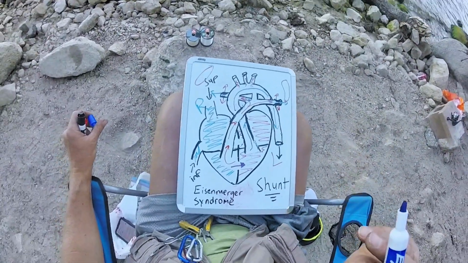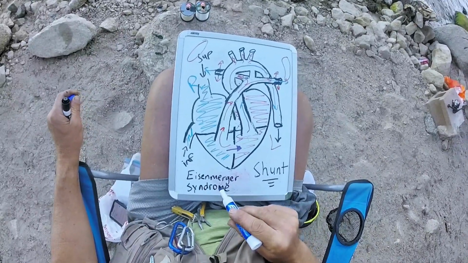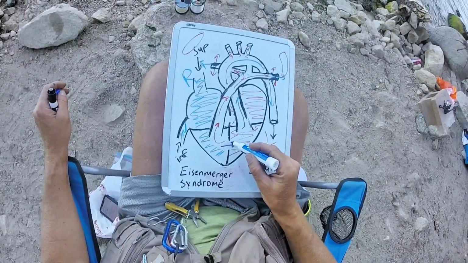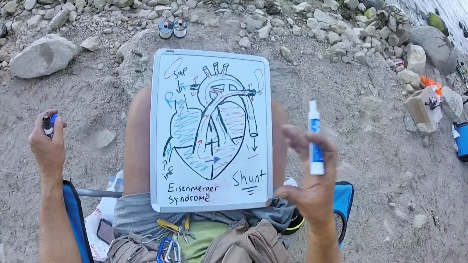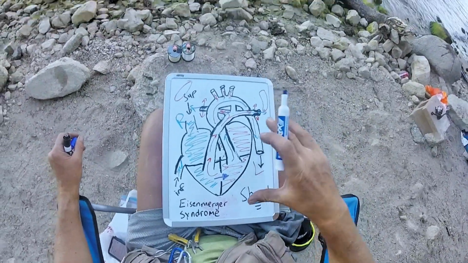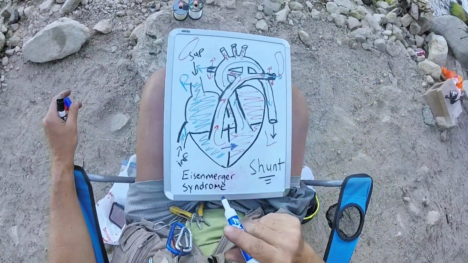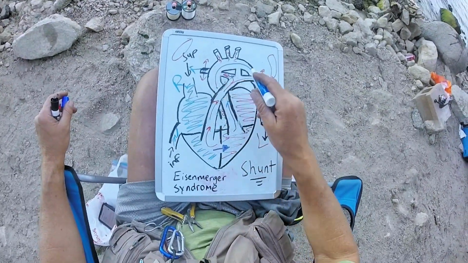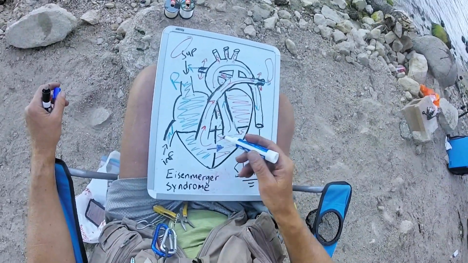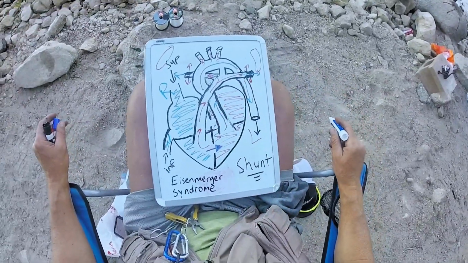And so this is going to result in cyanosis and hypoxemia out in the body. Okay? So this is known as Eisenmenger syndrome, where you convert a left to right shunt to a right to left shunt. And the problem with doing that, of course, is now we are sending deoxygenated blood out to the body as opposed to just sending oxygenated blood back to the lungs.